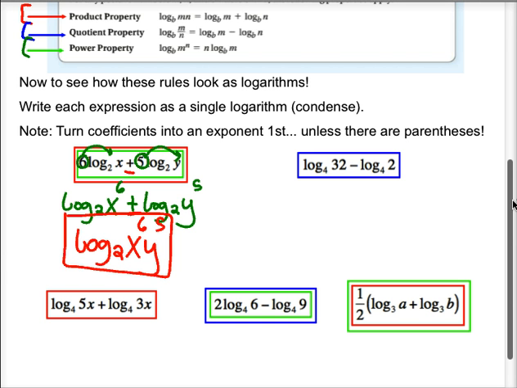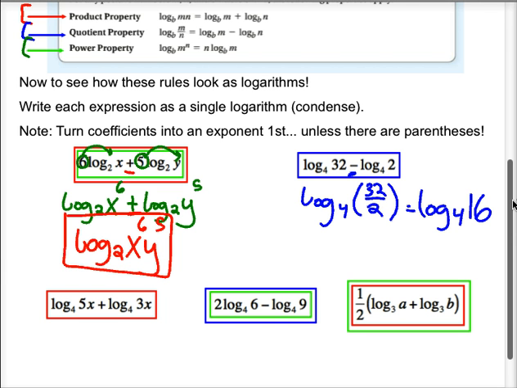All right, let's move on to the next one. So here I see subtraction. Well, subtraction is division in the logarithm world. So this is going to become 32 divided by 2. Well, 32 divided by 2 is 16. Now, here's a unique case.